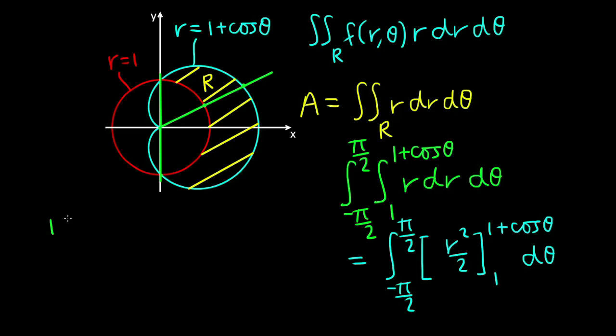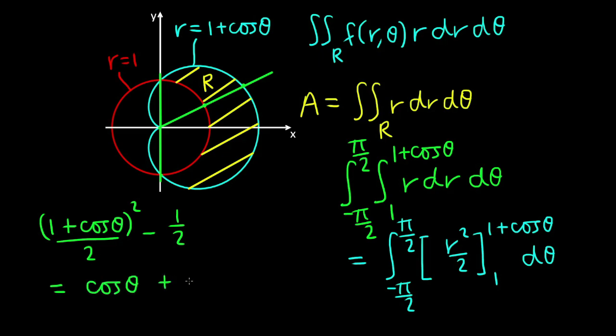So that gives 1 plus cosine theta all squared on 2 minus 1 on 2. So that's equal to 1/2 minus a half, which cancel, plus 2 cosine theta on 2 plus cosine squared theta on 2.